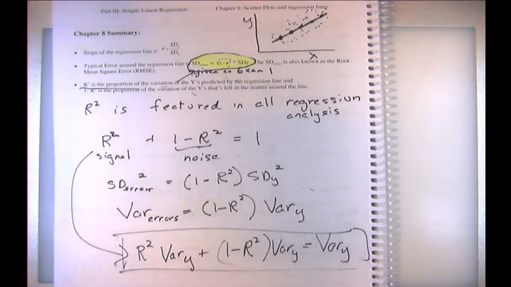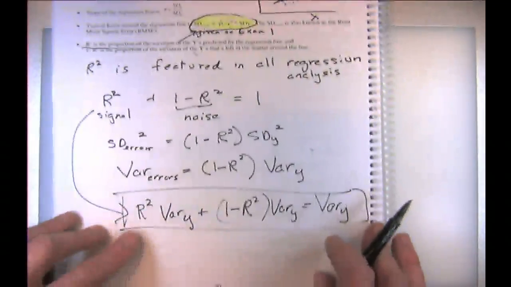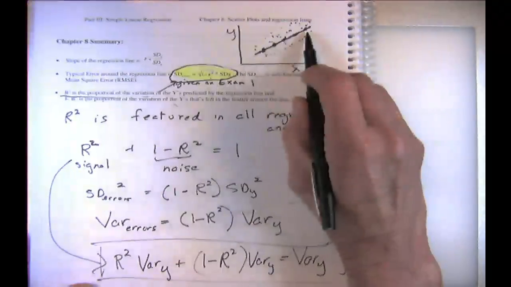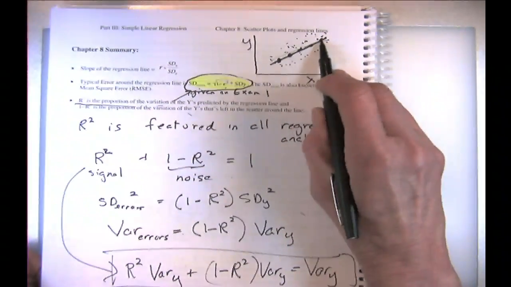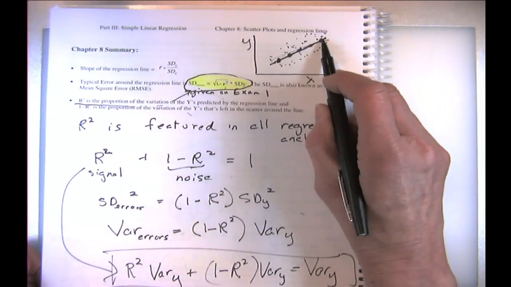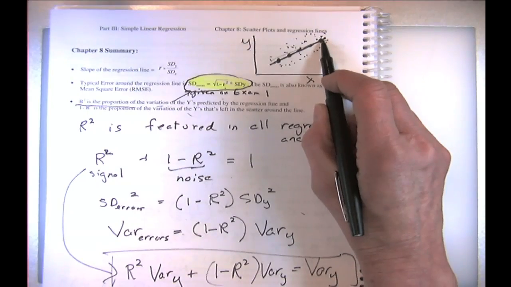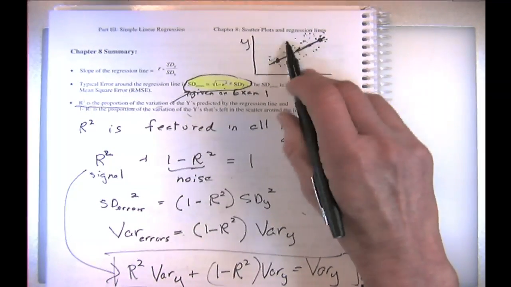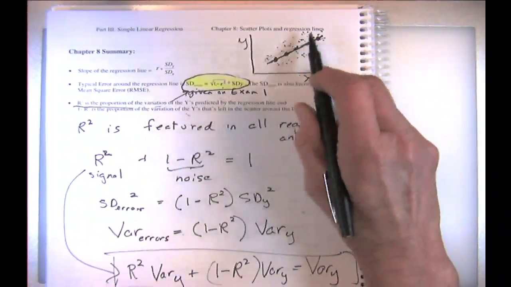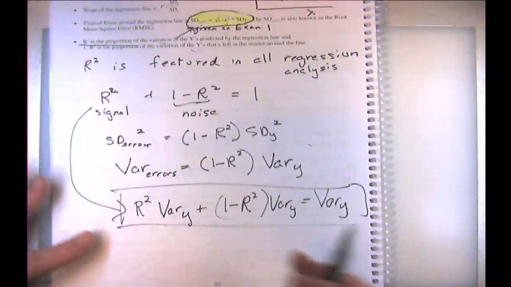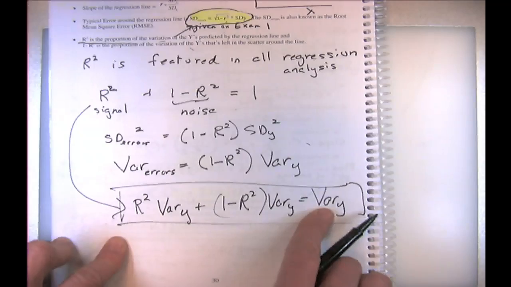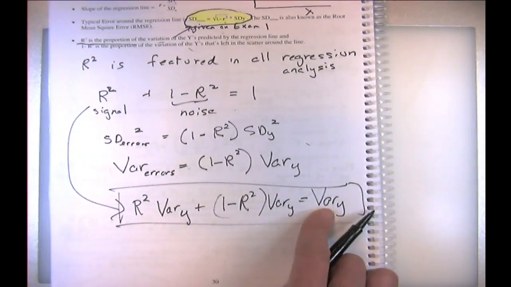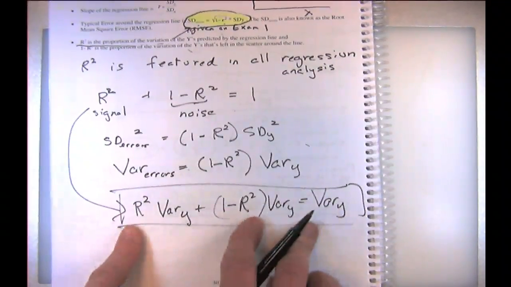And you split it into two parts. One is due to this model. This model will be the part that we can explain, we can predict. And the part we can't explain is all these errors.